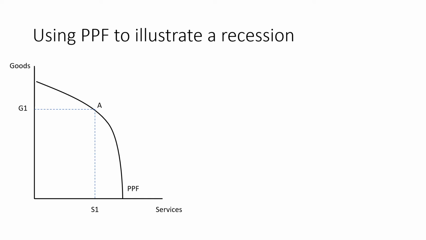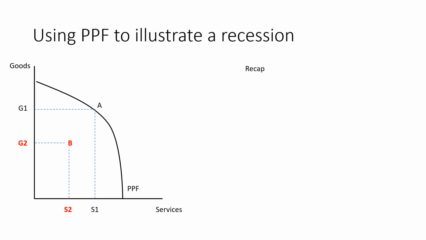So what begins to happen is that output falls and unemployment starts to rise. So the economy moves from point A towards point B. We're now producing less than the economy's maximum output level because we're operating at B, which is inside the PPF, and GDP falls to S2 plus G2.